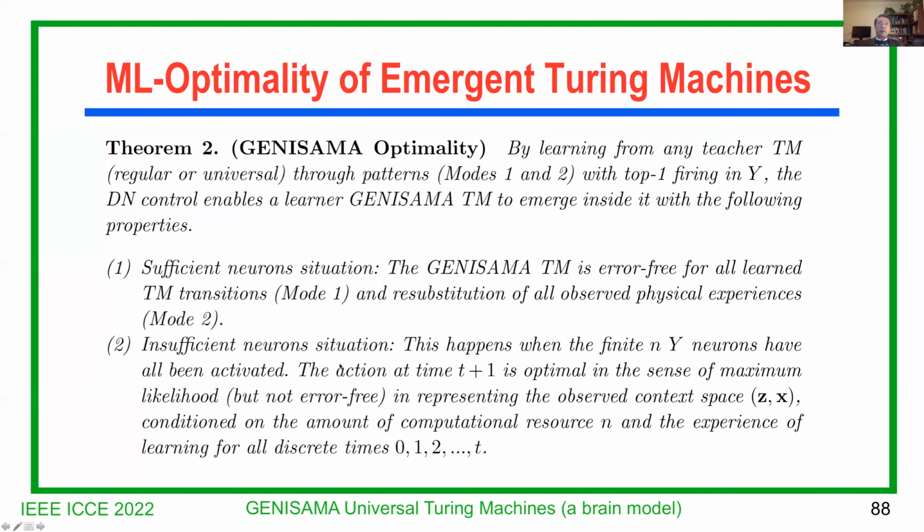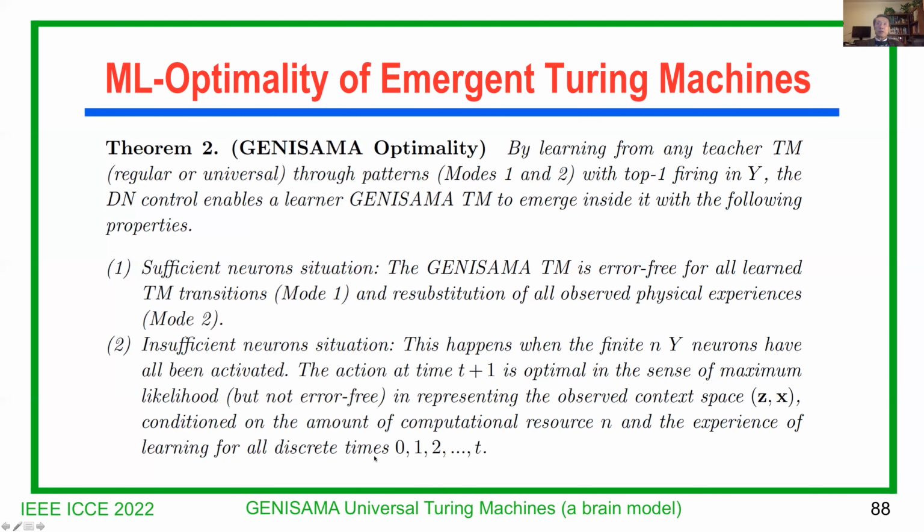If there are insufficient neurons, then it happens when the finite and Y neurons have all been activated. Then the action at time t+1 is optimal in the sense of maximum likelihood, but not error-free in representing the observed context space, motor Z and sensory X, conditioned on the amount of computational resource and experience of learning for all the discrete times, all right?